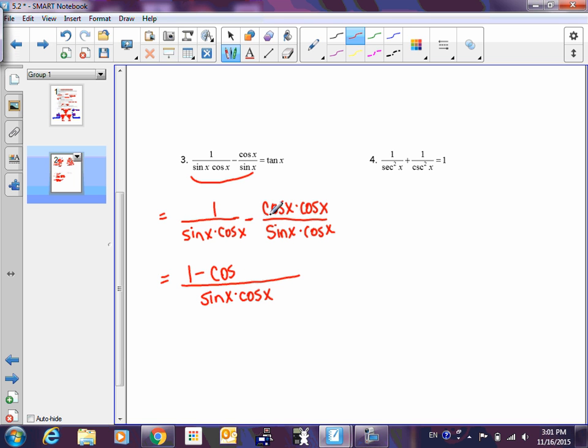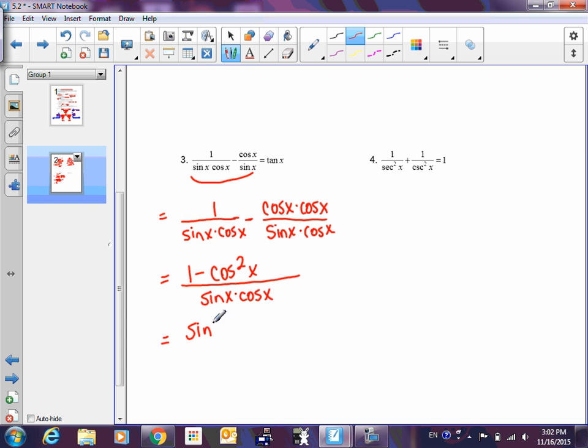Are y'all okay with me going cosine times cosine is cosine squared x? Does that make sense? Now this doesn't equal tan x yet. However, what is 1 minus cosine squared? We just talked about this in the previous problem. What does that equal?